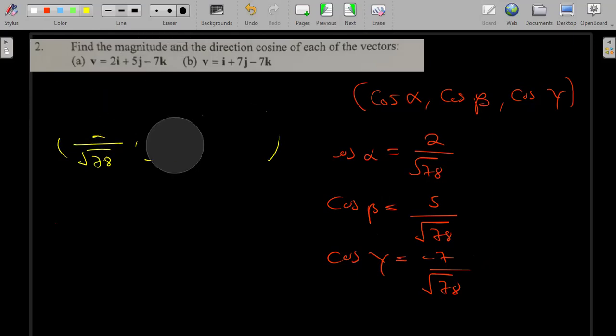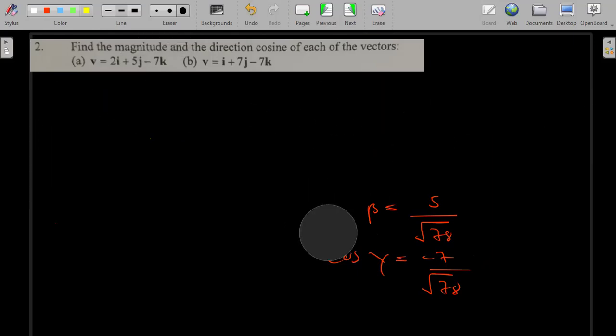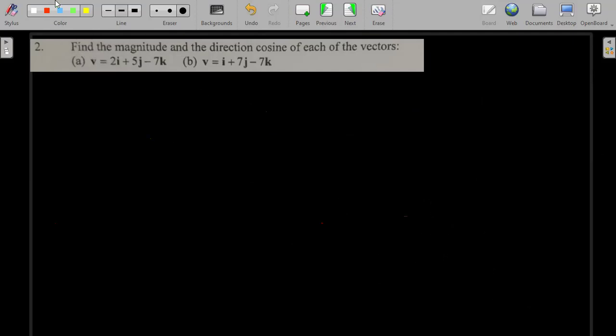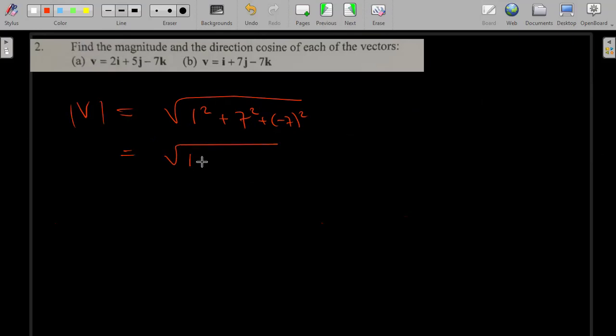Okay, let's do the next one. So the next one, we just follow the same procedure. And we say we first find the magnitude. So I have 1 there, so 1 squared plus 7 squared plus negative 7 squared there. Then this just gives me 1 plus 49 plus 49 like that.